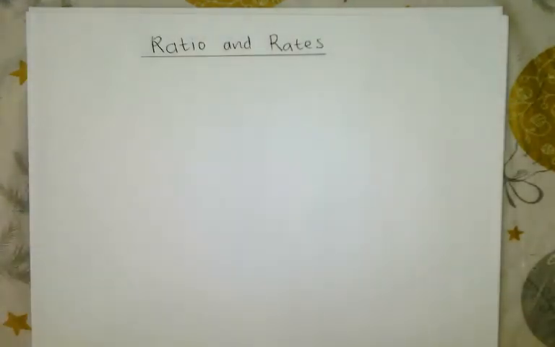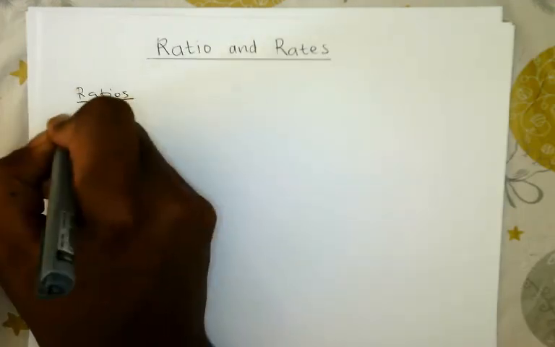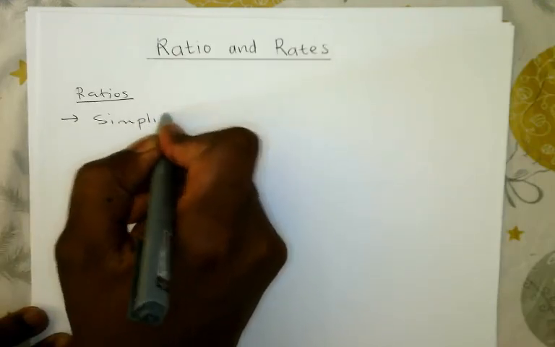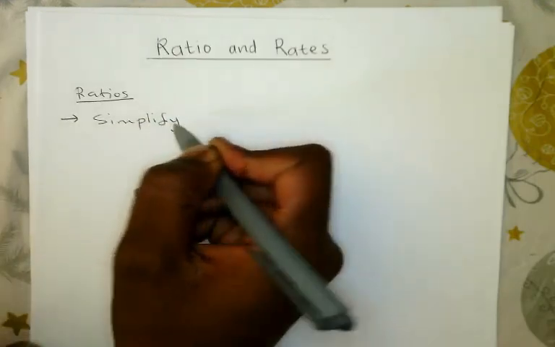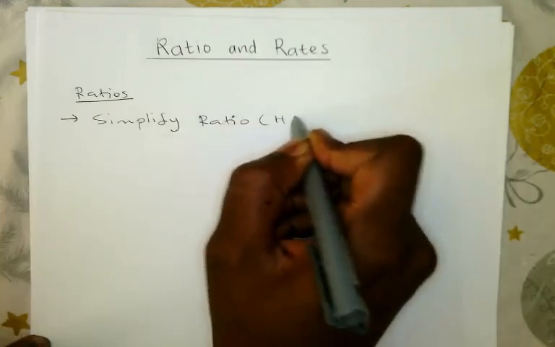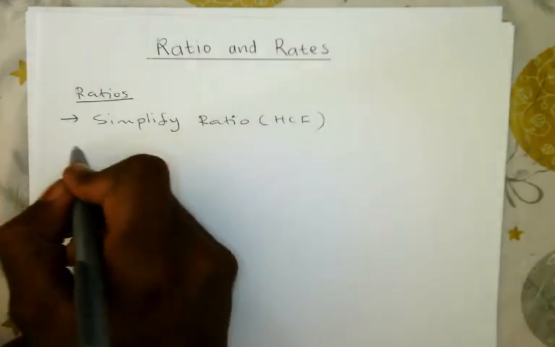So under ratios, these are the following topics that you need to know. You need to be able to simplify the ratio, whatever that you'll be given. And how do we do it? We look for the highest common factor and we divide by that one.